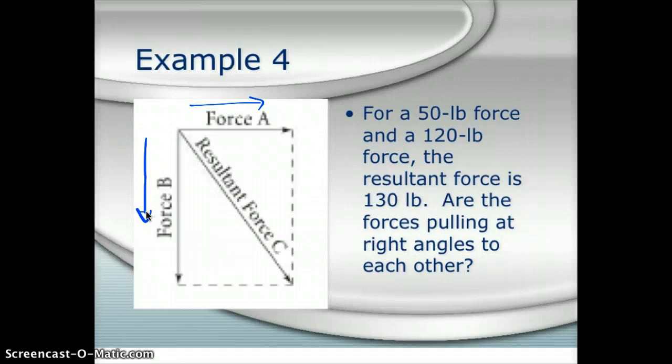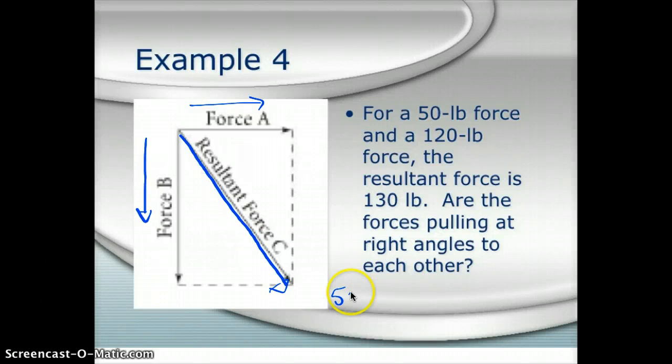And then you get this resultant force coming this direction that's 130 pounds. What we want to know is, are the forces pulling at right angles to each other? Same kind of thing here: if they are pulling at right angles to each other, then force A squared plus force B squared should equal force C squared.